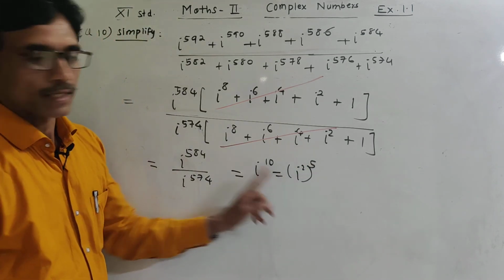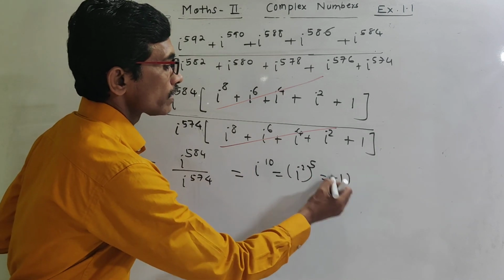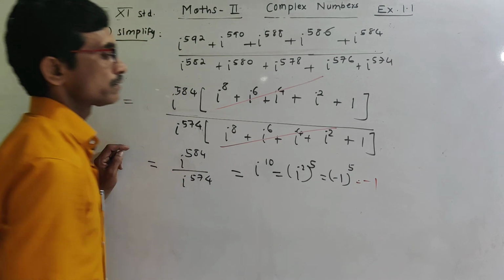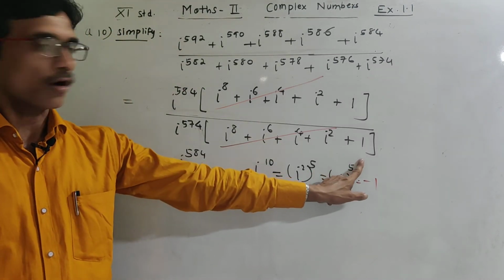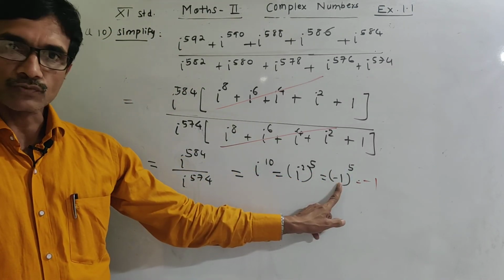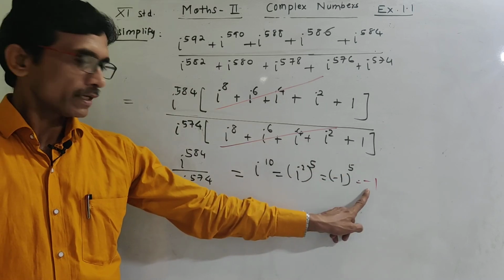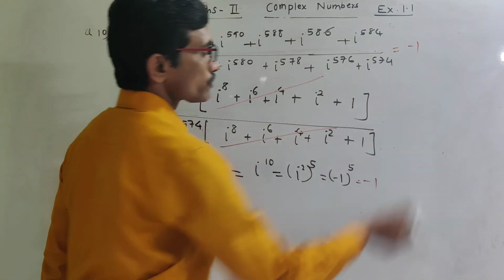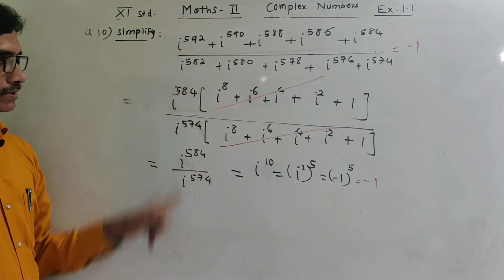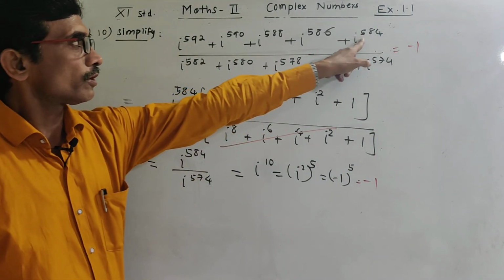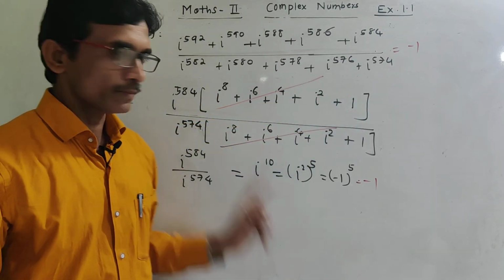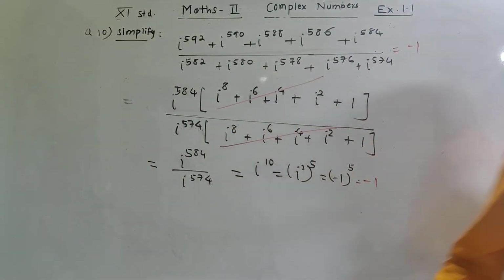But i square is minus 1, raised to power odd, so that will be equal to minus 1 raised to power odd, which is equal to minus 1. That means the value of this is equal to minus 1. So we simplify this, taking i raised to power 584 common from the numerator, i raised to power 574 common from the denominator, and we get minus 1.